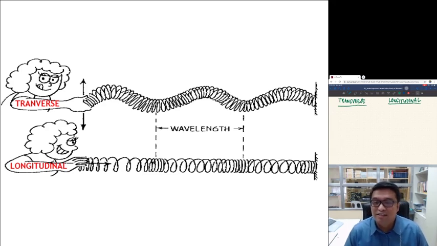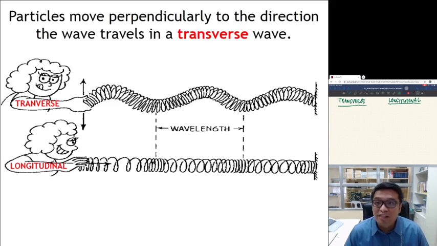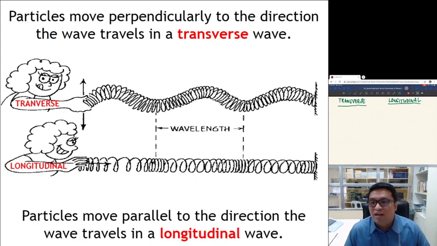Now, using these diagrams as our guide, we see here that a transverse wave has particles that move perpendicularly to the direction the wave travels. On the other hand, for a longitudinal wave, the particles move parallel to the direction the wave travels.